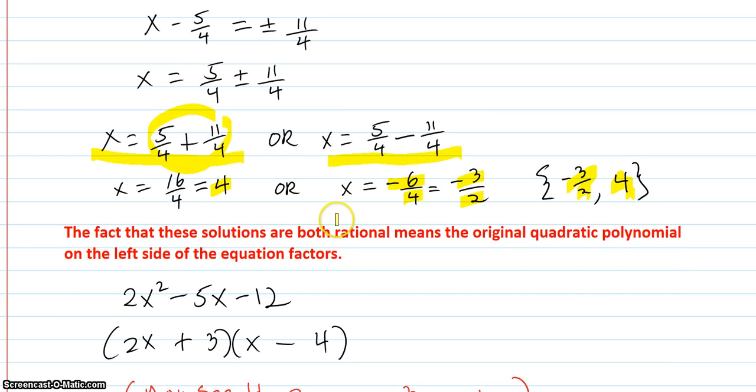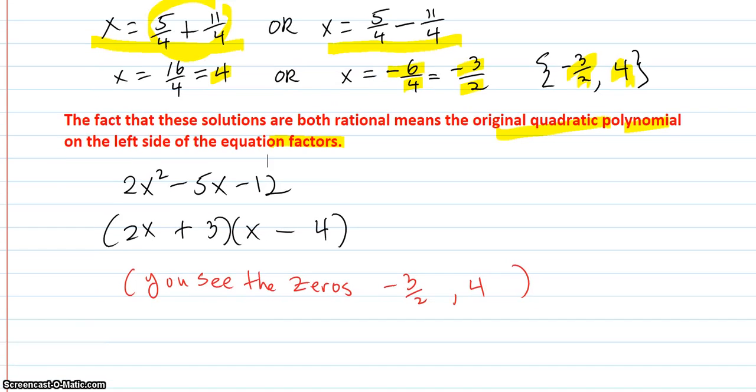The fact that these solutions are both rational means the original quadratic polynomial on the left side factors. So let's verify that. So here's the original, and if you factor it like this, you'll see it works. Negative 8x plus 3x is negative 5x. 3 times negative 4 is negative 12.